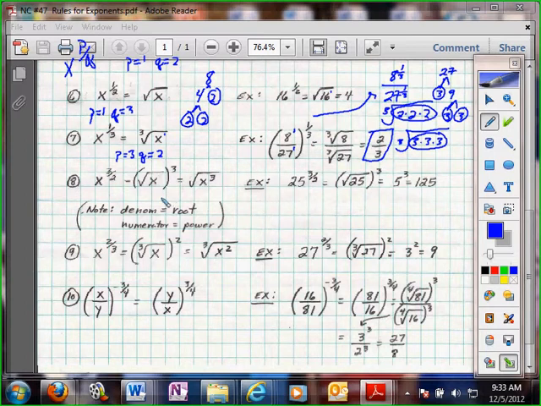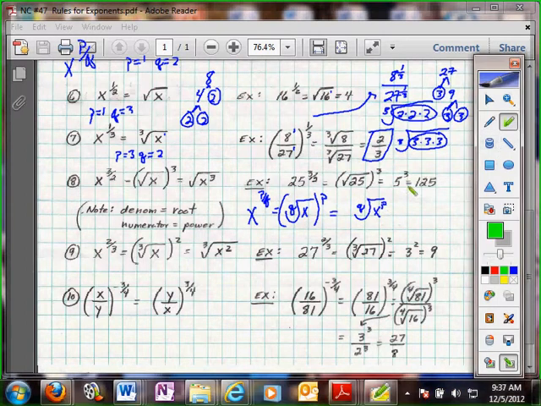And if you recall what I asked you to write down about p's and q's, you will see that these two expressions are the same, because, and you should write this on your paper, x to the power of p over q is equal to the q root of x to the power of p, which is also equal to the q root of x, to the power of p.